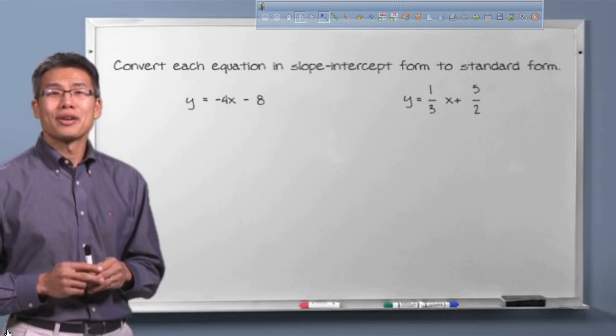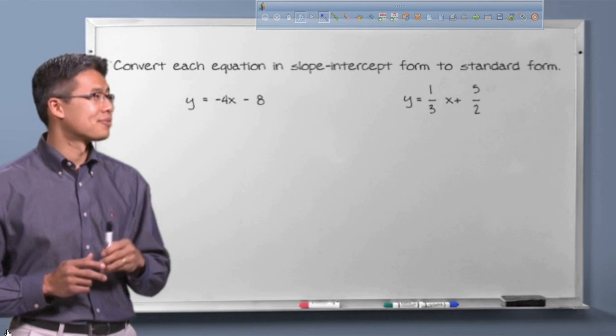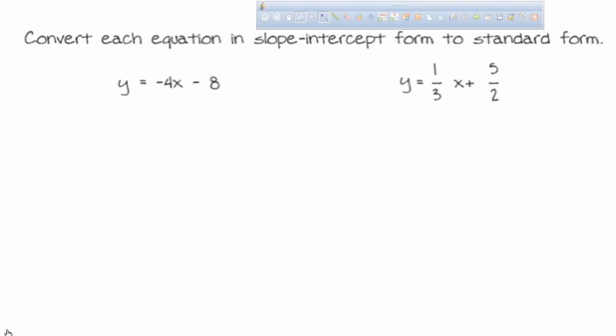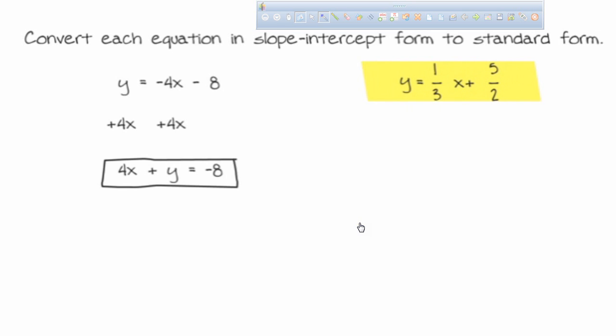Let's look at how to convert these 2 equations from slope-intercept form to standard form. We can write the equation y equals negative 4x minus 8 in standard form by moving the x term to the left side. Add 4x to each side. So the equation in standard form is 4x plus y equals negative 8. Now, let's write the second equation in standard form.